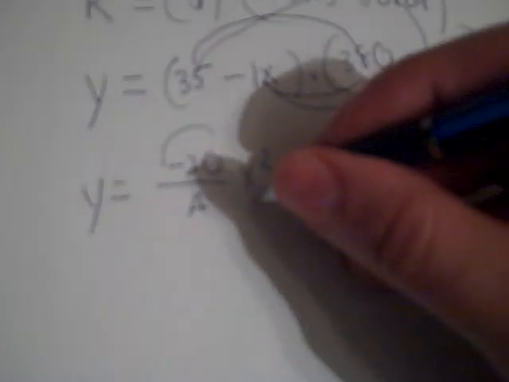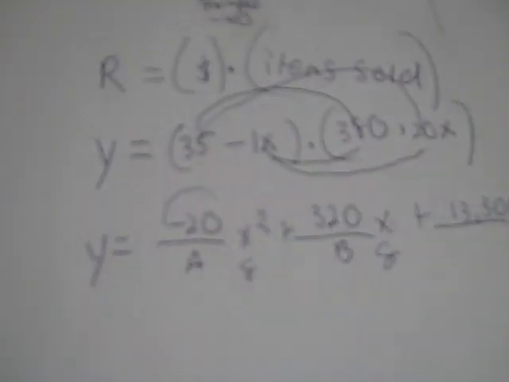That's what that represents. And now to find the y, we replace x in the equation. So I take negative 20 times 8 to the second power plus 320 times 8 plus 13,300. That's 14,580.